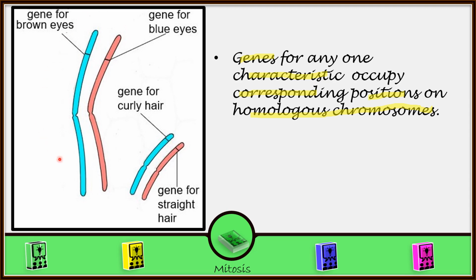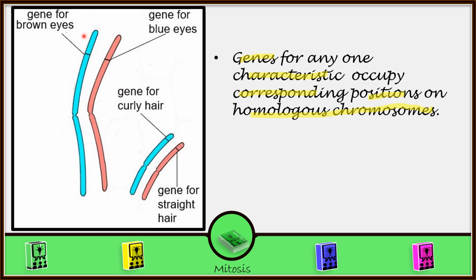And these ones too will align themselves together. If you recall, if we take the blue chromosomes to have come from the father, the red chromosomes came from the mother. So when they align together, they become what we call homologous chromosomes.